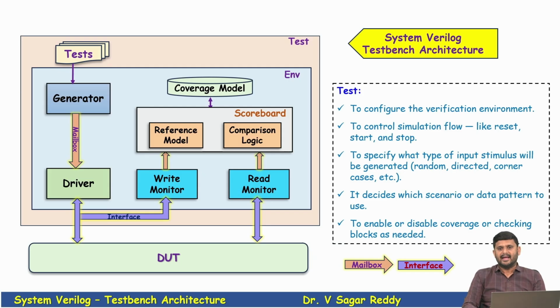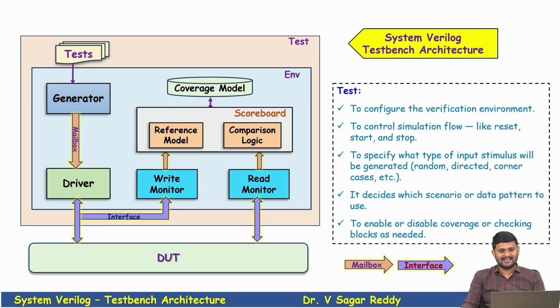The fourth one, it decides which scenario or data pattern to use, so a normal write-read test or back-to-back write-read test or error injection test. Each is a separate test file. And the fifth one, it enables or disables coverage or checking blocks as needed, giving you fine-grained control over what gets verified in each run.